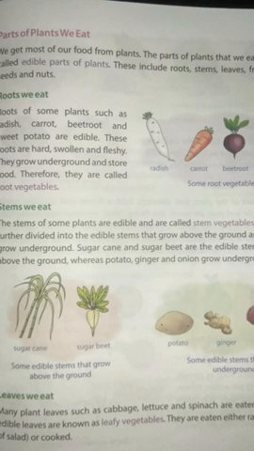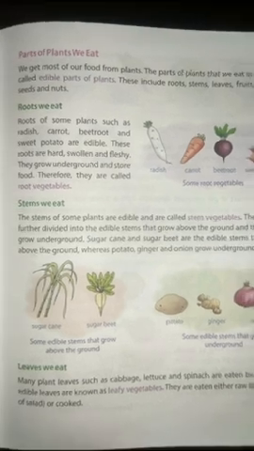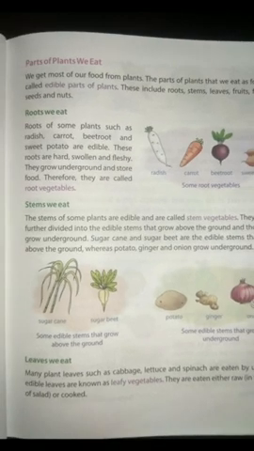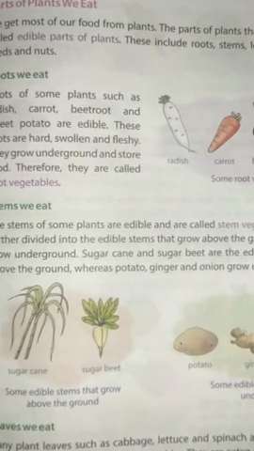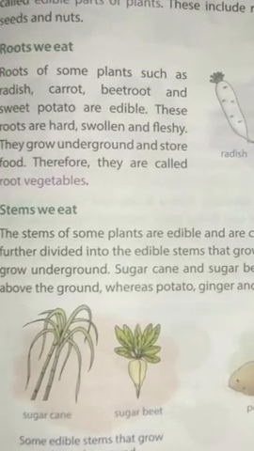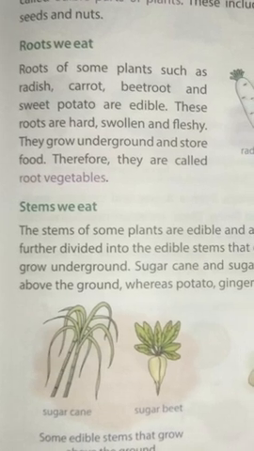Okay, then which part will we eat? Roots. First, the roots part. Roots we eat. Roots of some plants such as radish, carrot, beetroot and sweet potato are edible.